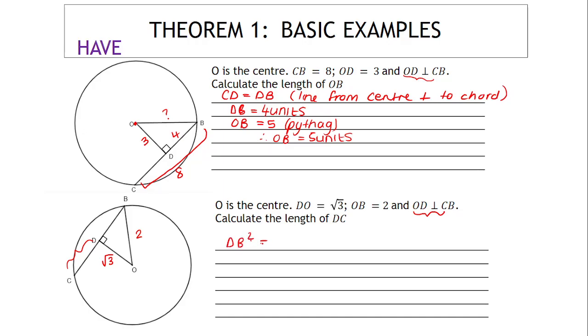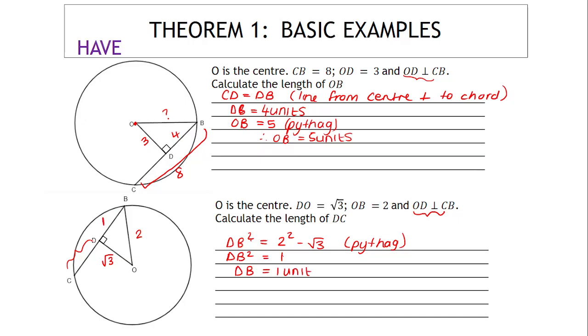DB squared is going to be the hypotenuse squared minus root 3 squared. I'm just doing Pythagoras where you have the hypotenuse. So DB squared is 4 minus 3, that's 1. The square root of 1 is 1. 1 what? 1 unit.